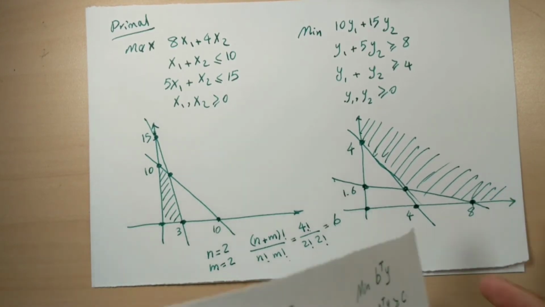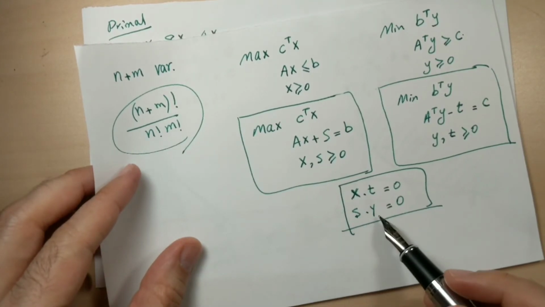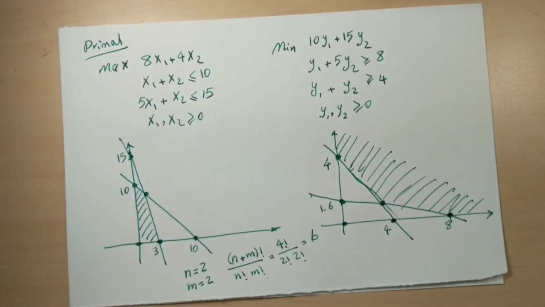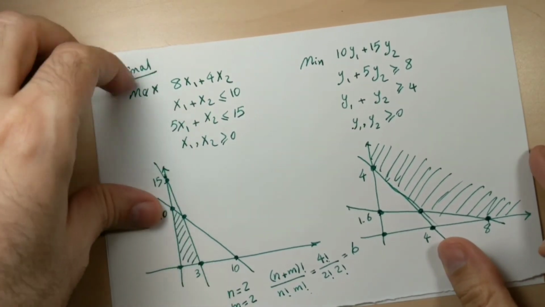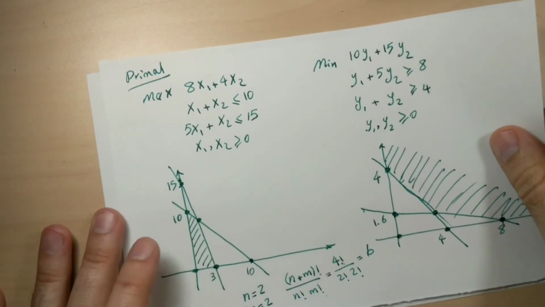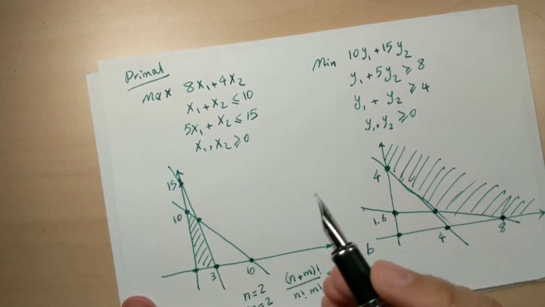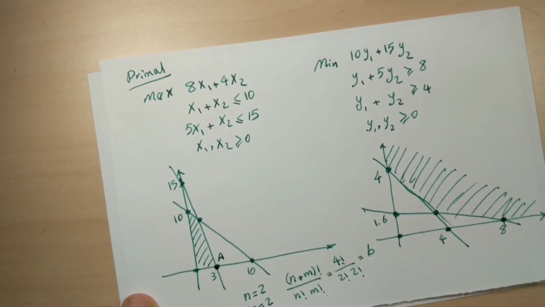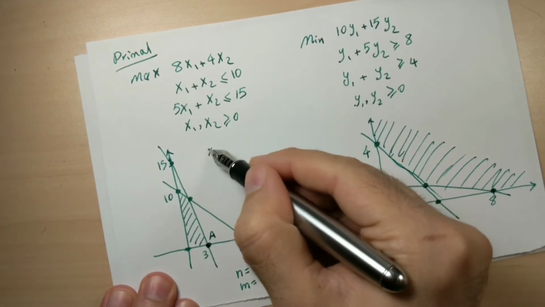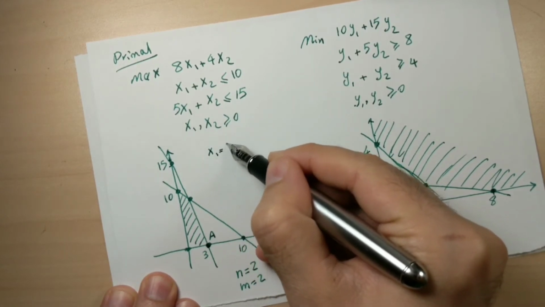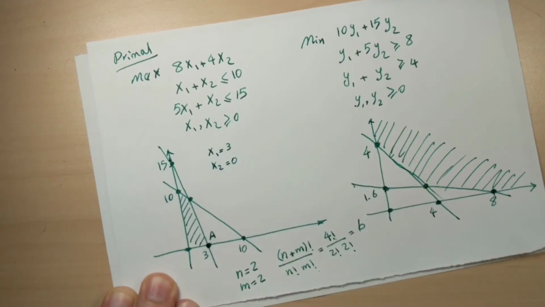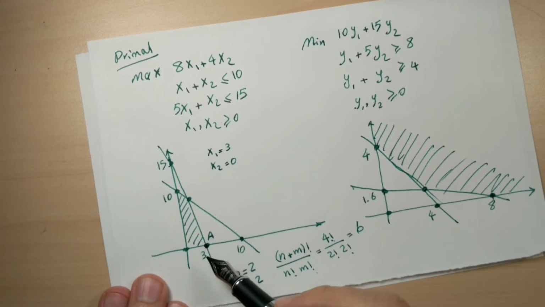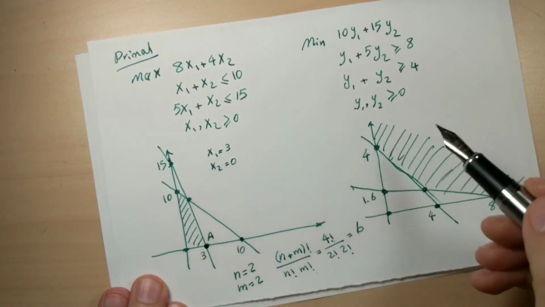We have this relationship between x, t and s, y. So I'm going to use this relationship in the example to show you how it works. Let's assume that I'm looking for this point. Let's call it A. x1 is 3, x2 is 0 at this point. I would like to find the corresponding corner point related to this A in the dual problem.